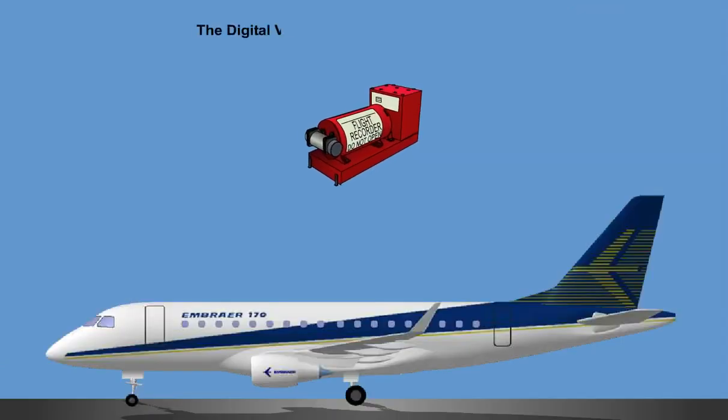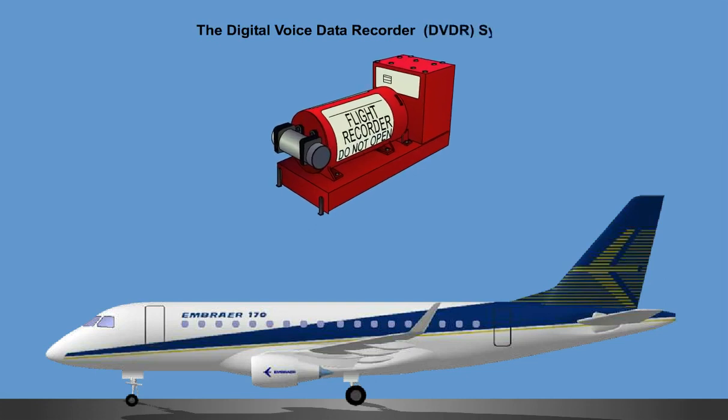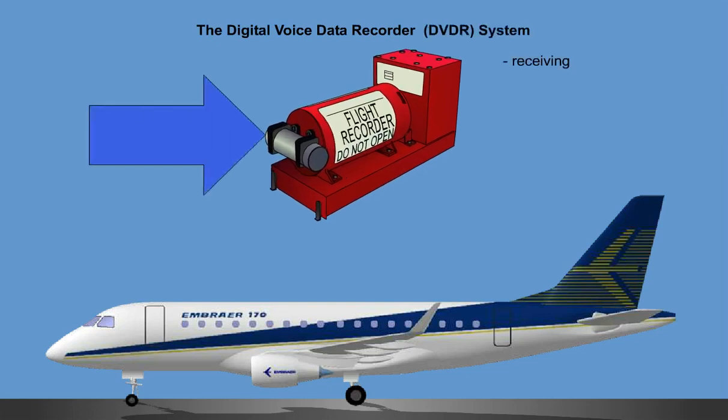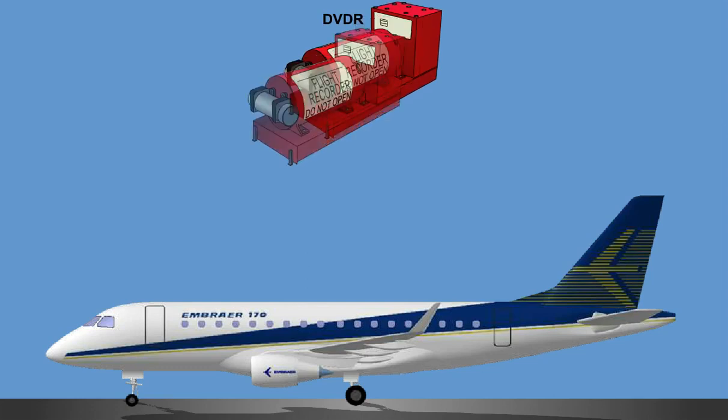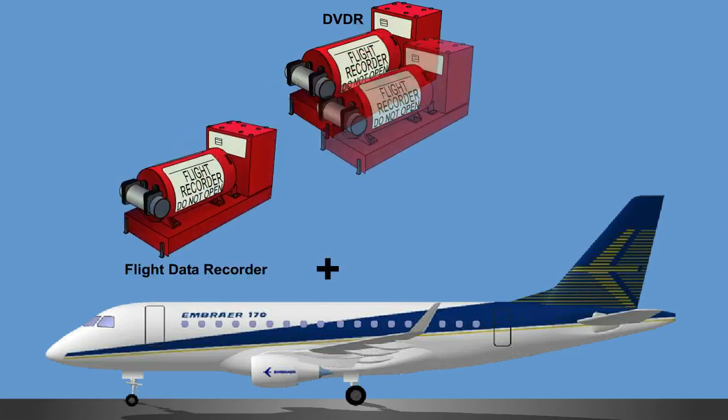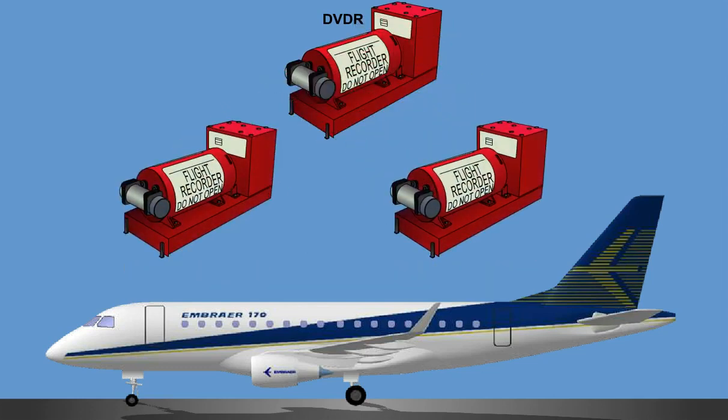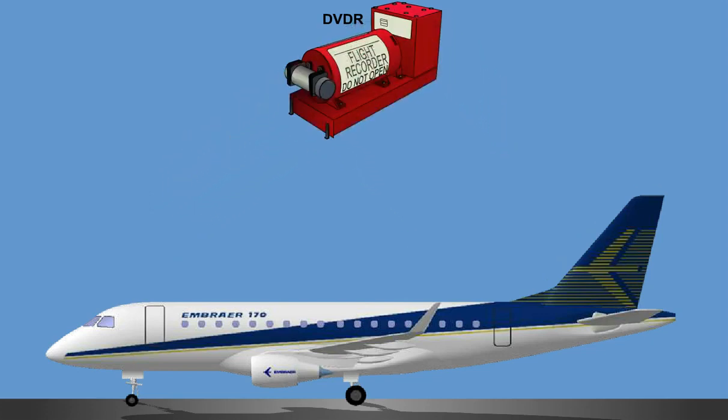The Digital Voice Data Recorder DVD-R system is capable of receiving, recording, and preserving all required flight data parameters and voice recordings on board the aircraft. It combines the function of a flight data recorder with the function of a cockpit voice recorder in a single solid-state recording unit.